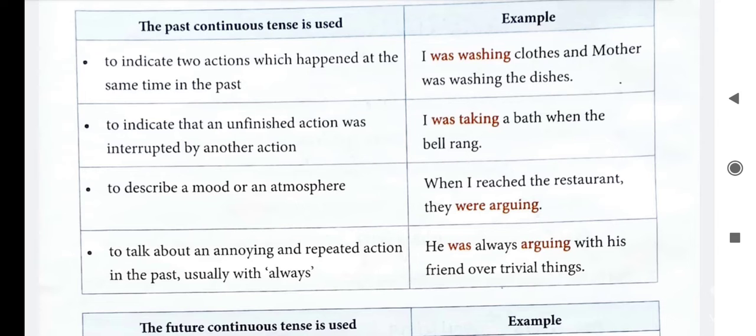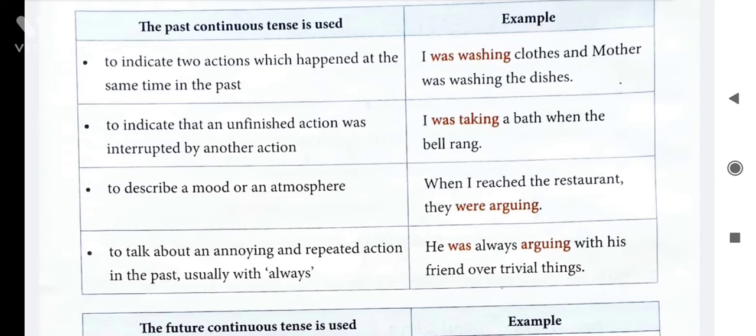I was learning English grammar and she was doing her mathematics homework. Like that. So the things happened in the past, but the two actions happened at the same time in the past. So for past tense, what do we use? Instead of is, we will be using was. Very good.